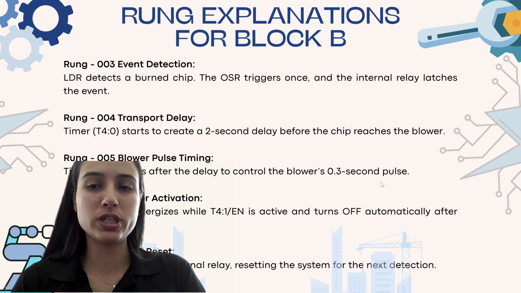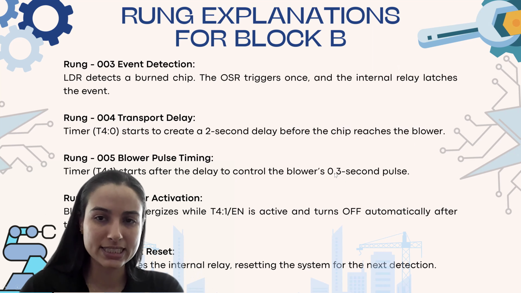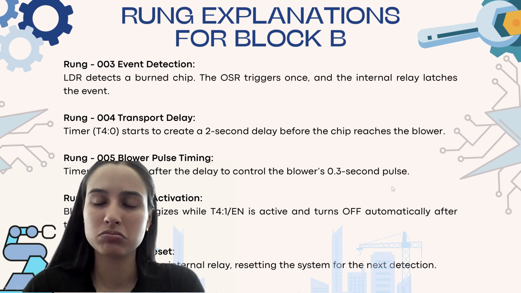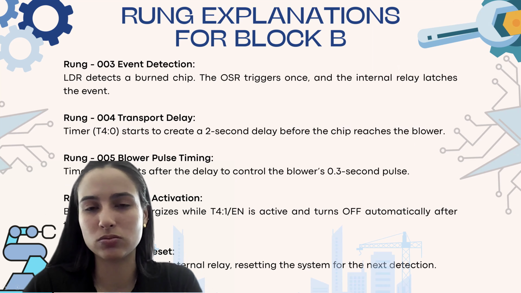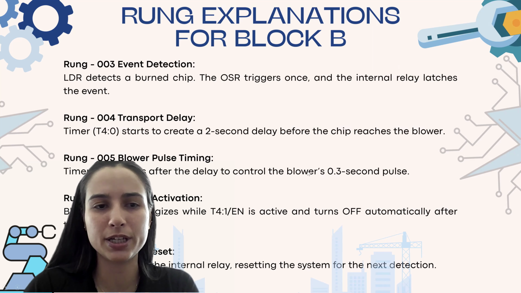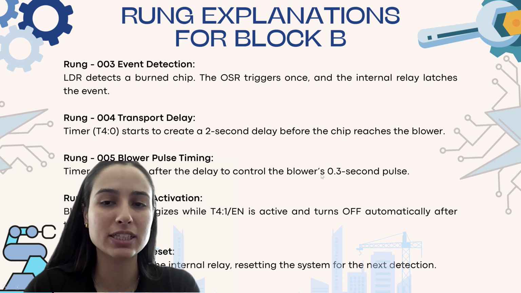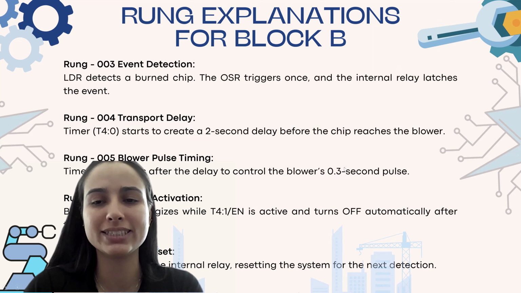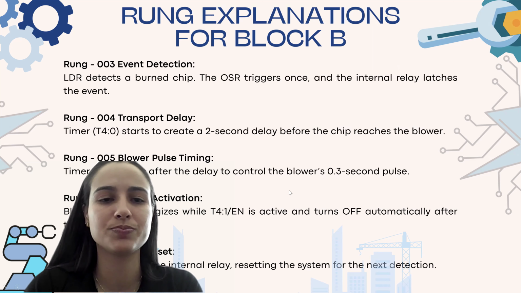I decided to use this time because I decided not to let the blower stay on. If all the LDRs are activated and I do not use the OCR or the 0.3 timer of activation, all blowers might stay on, all 8 blowers.